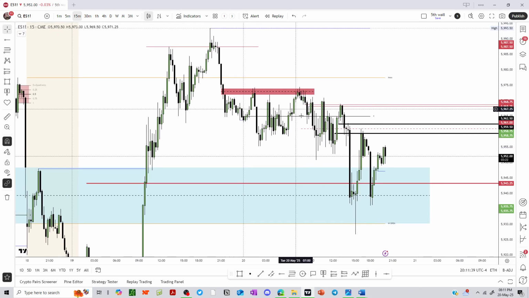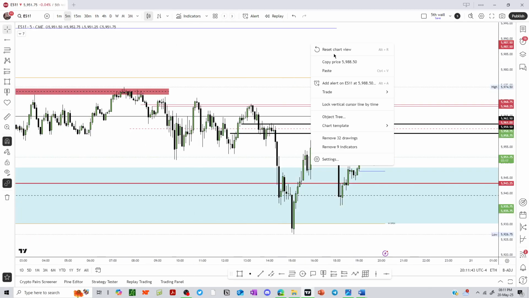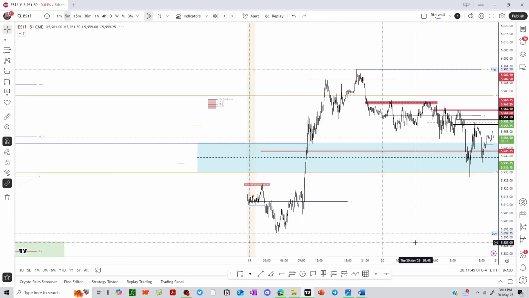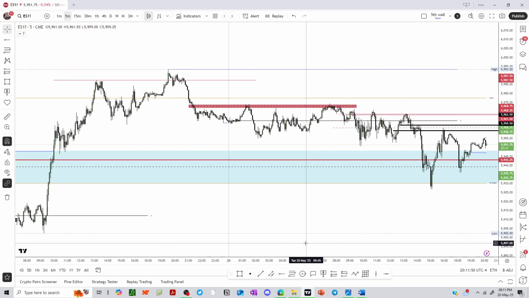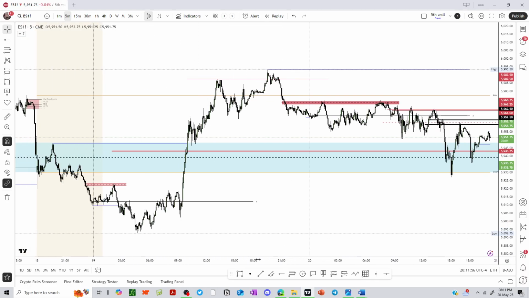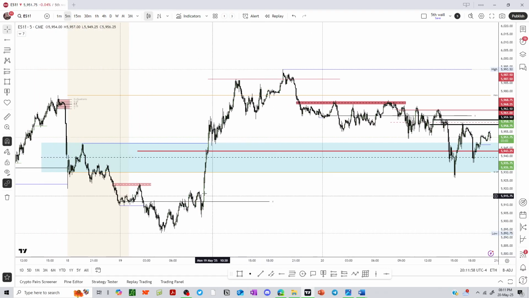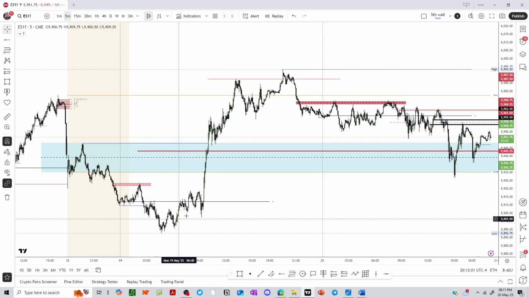This is on a 15-minute chart. I didn't drop down, but we also don't see our darling. Do you see your darling here? Your market maker buy and sell model. It's not completed. I think these lows down here would complete the sell model.